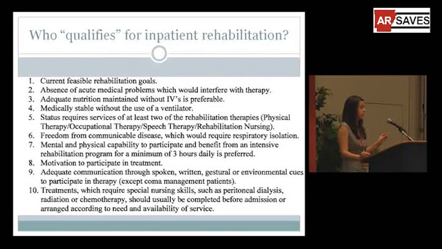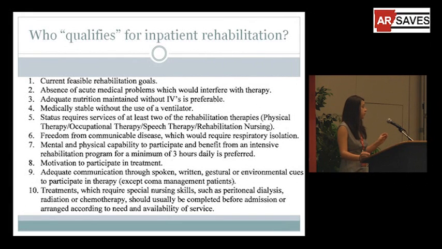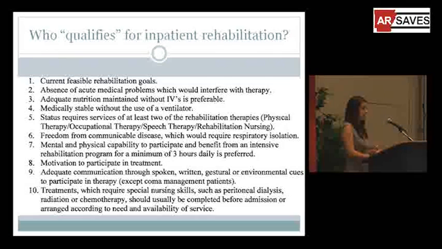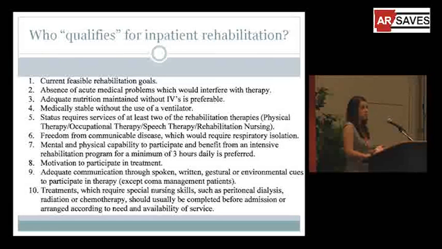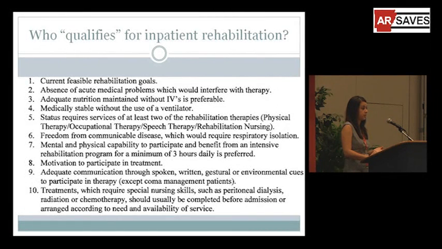It's a huge list, and I won't go through all of it, but for the most part you do have to have functional goals and the need for interdisciplinary treatment. And so most patients will need to have continued medical care under medical supervision in a hospital setting, as well as the need for at least 2 therapy disciplines, which can be a combination of physical therapy, occupational therapy, or speech therapies. So at least 2 of those disciplines to qualify for inpatient rehabilitation.